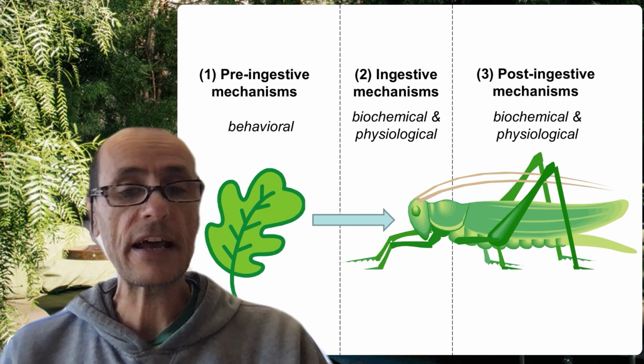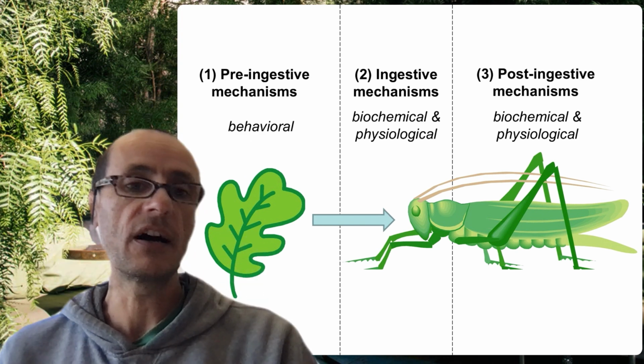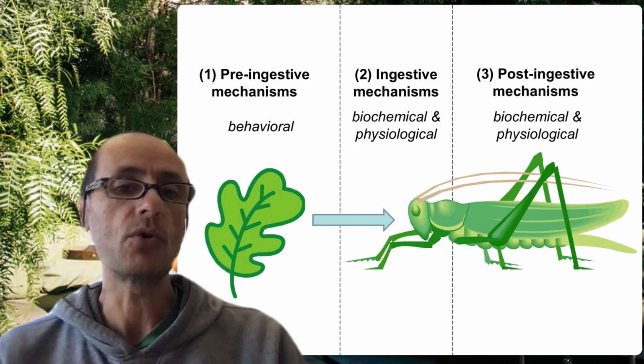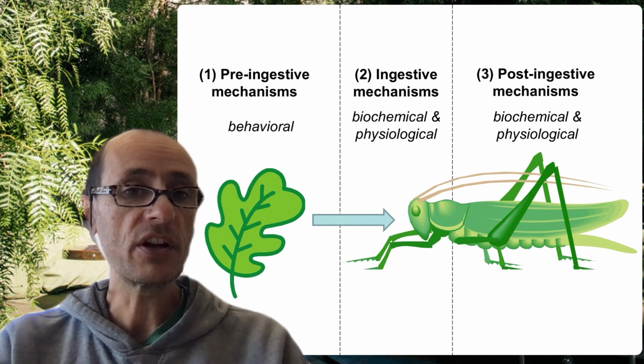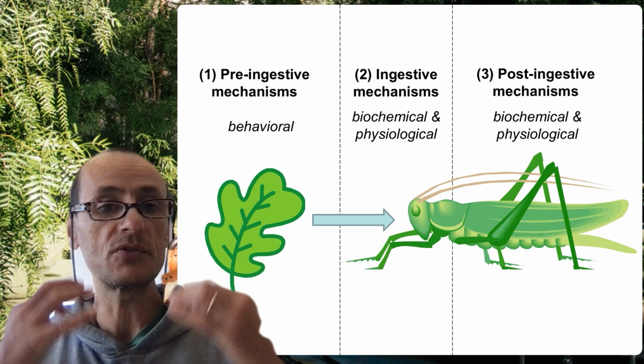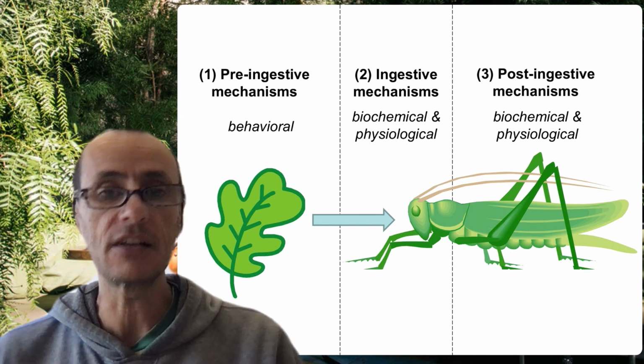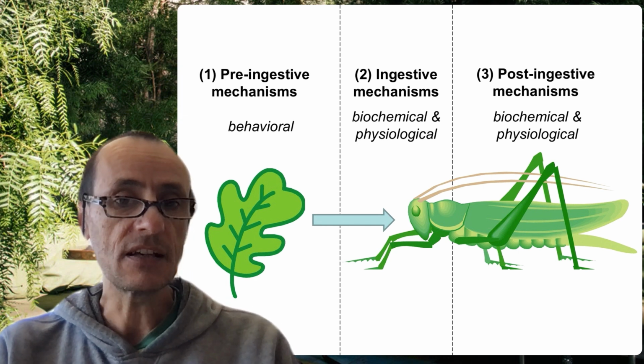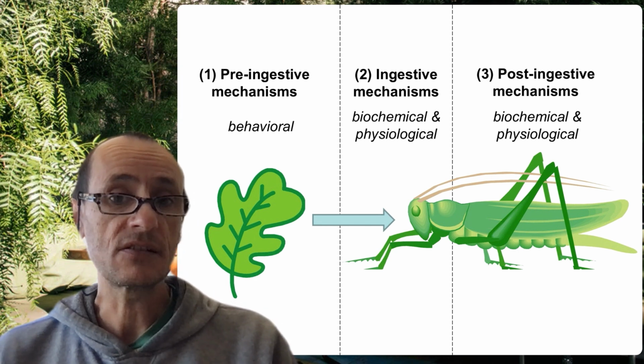Well, it's easy to just categorize these into three different modes. One is pre-ingestive mechanisms. That is, what can insects do before those chemicals even get into their bodies? The second is ingestive mechanisms.